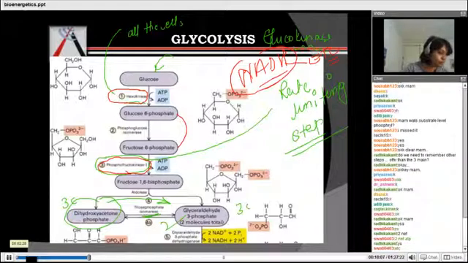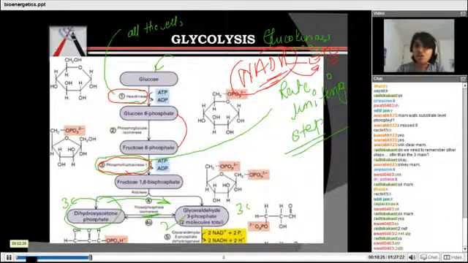We are getting 2 molecules of this NADH, which we will be putting into the electron transport chain. Every 1 molecule of NADH will give us 3 molecules of ATP. So we had a total of 2 molecules of NADH, so we'll get 6 from the electron transport chain.